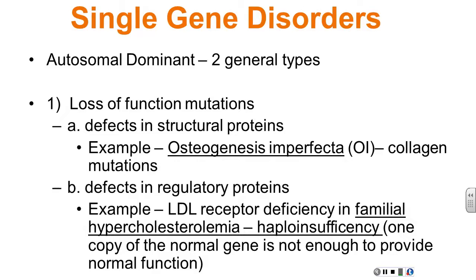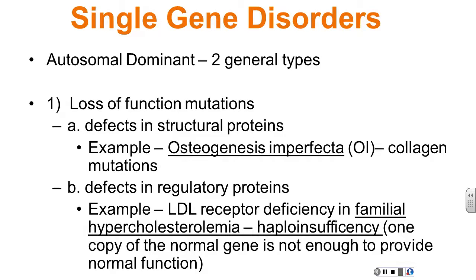If you only have one normal copy of the LDL receptor, it will be able to function normally, but you will still have the symptoms of the disease because you don't have enough of it. With receptors and other things involved in signal transduction, the amount that's present is quite critical. It is regulated very tightly.